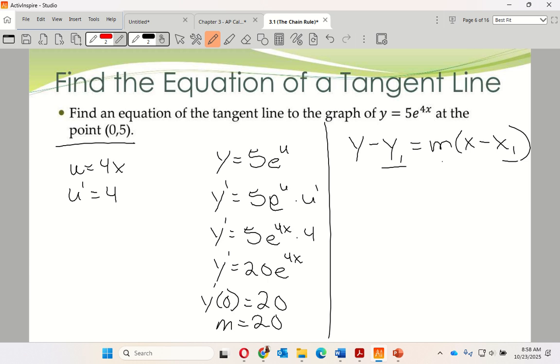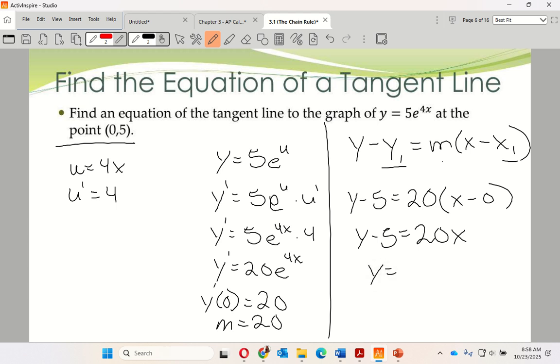If I have a point and a slope, I'd use point-slope. So now I'm going to plug in these values. Y minus 5 equals 20 times quantity of x minus 0. Y minus 5 equals 20x. Add 5 to both sides, so y equals 20x plus 5.